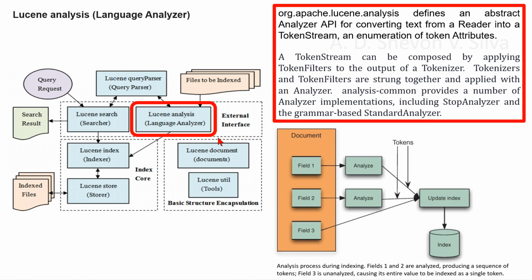A token stream can be composed by applying token filters to the output of the tokenizer. Tokenizers and token filters are strung together and applied with an analyzer. Analysis common provides a number of analyzer implementations, including StopAnalyzer and the grammar-based StandardAnalyzer.